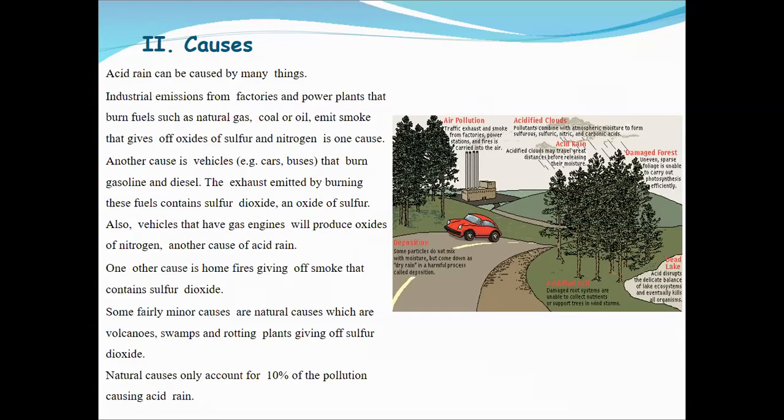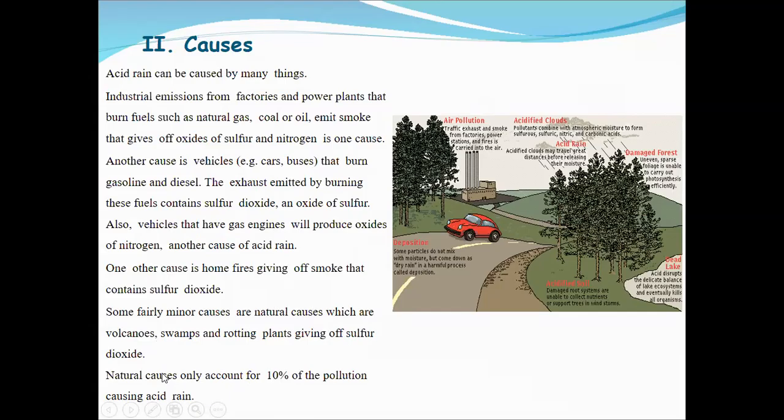Some fairly minor causes are natural causes, which are volcanoes, swamps, and rotting plants giving off sulfur dioxide. These natural causes we cannot actually control, but we can control the main primary and secondary causes. Natural causes only account for 10% of the pollution causing acid rain.